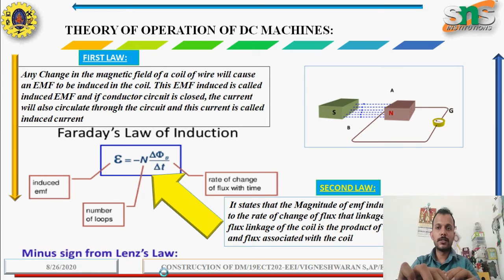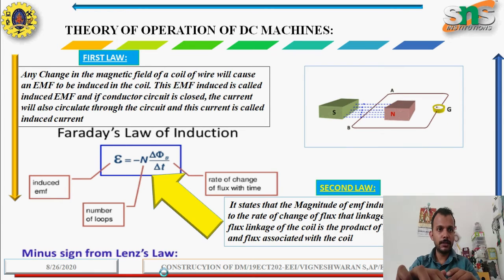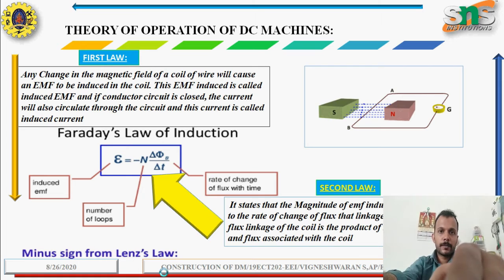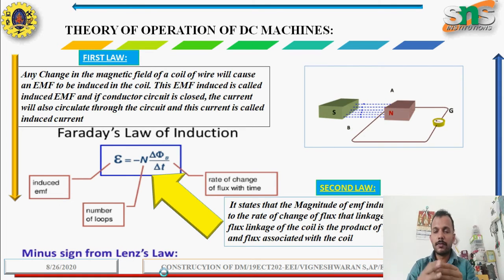The flux linkage of the coil is the product of the number of turns in the coil and the flux associated with the coil.